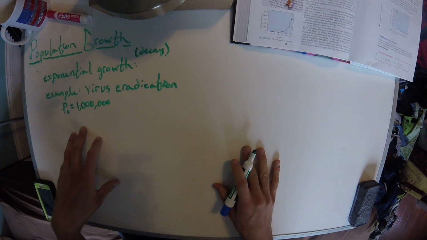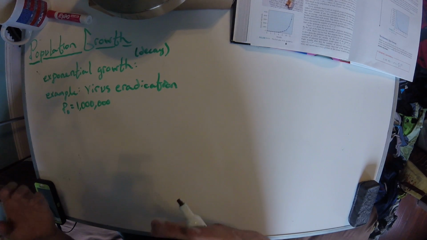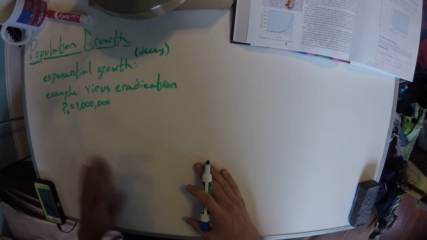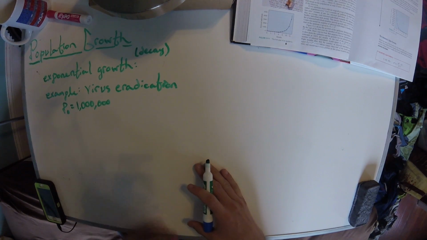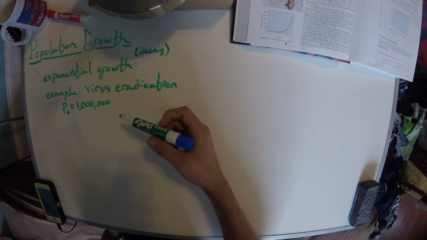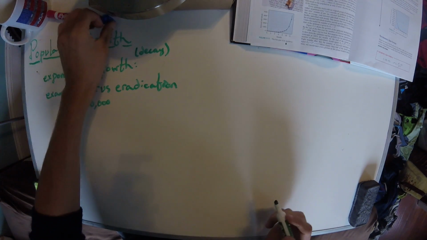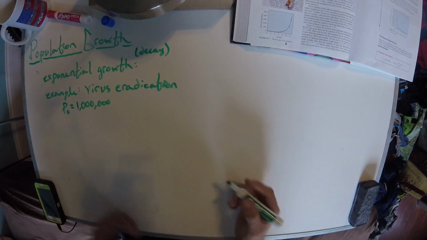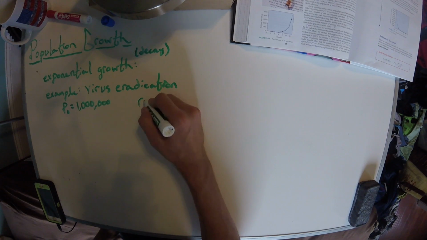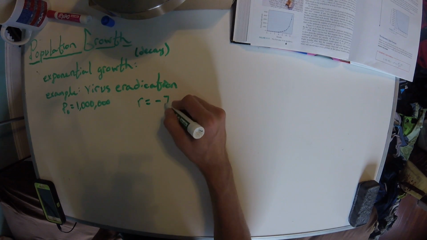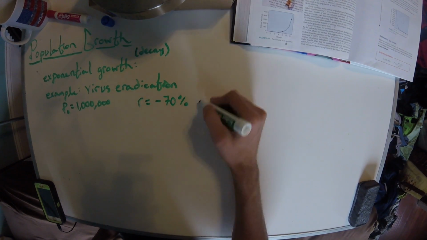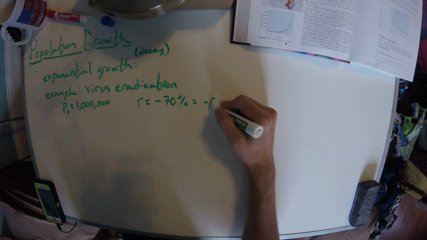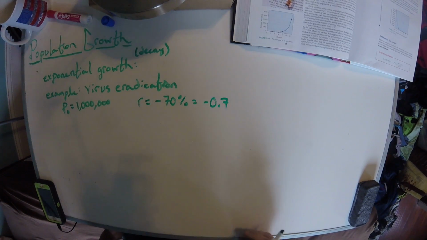But because modern science comes up with this new vaccine, and we've got good health policy, I hope, the population of this virus is actually decreasing by 70% every year. So we've got R equals negative 70%, or minus 0.7.